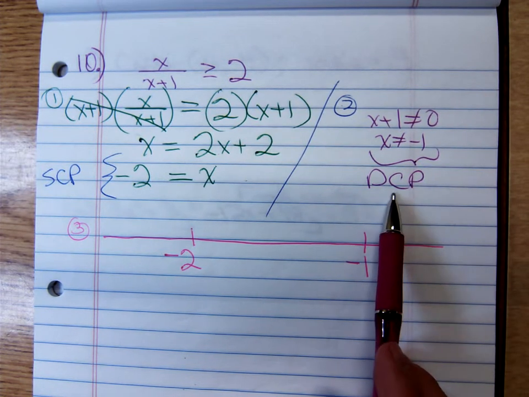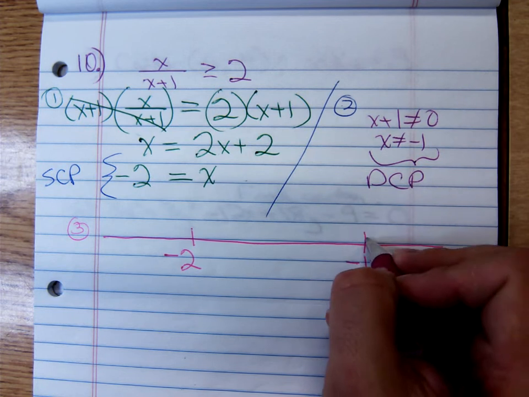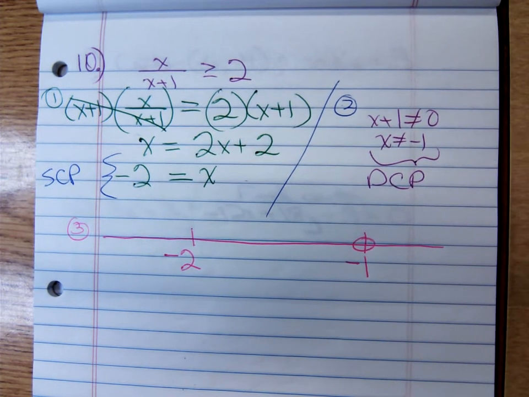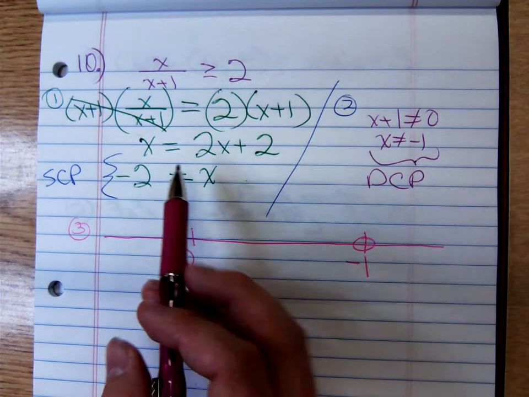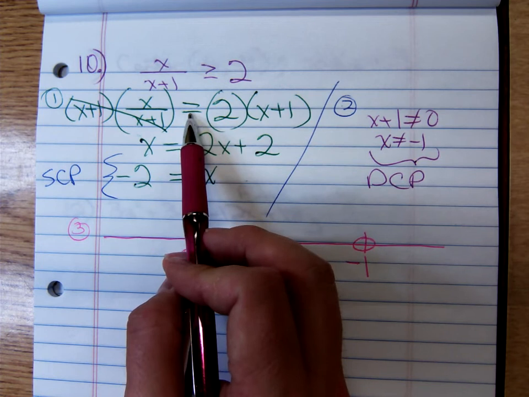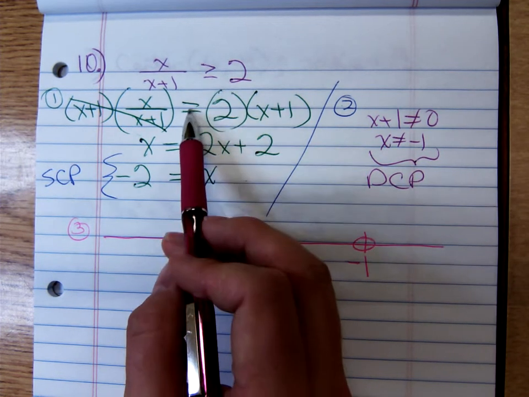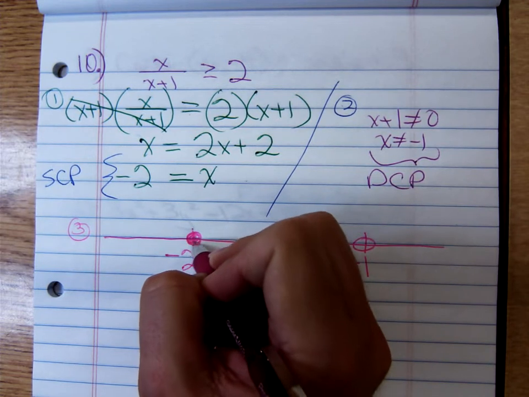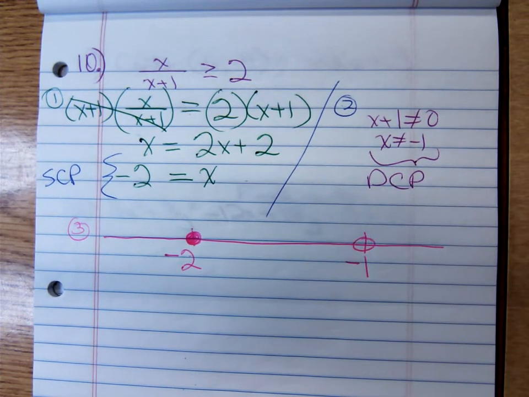You never want to shade in denominator cut points. Those numbers make the inequality undefined. You never want to include those in your solution. And negative 2, the solution cut point, makes the left side equal the right side. And notice, equality is acceptable.